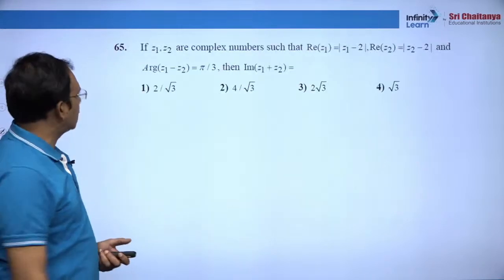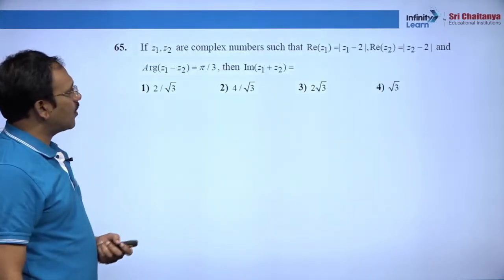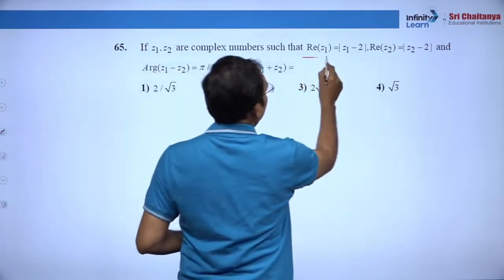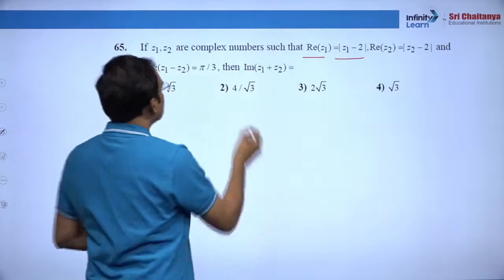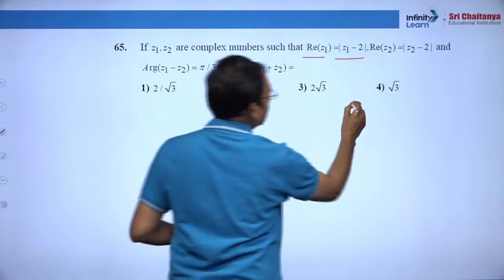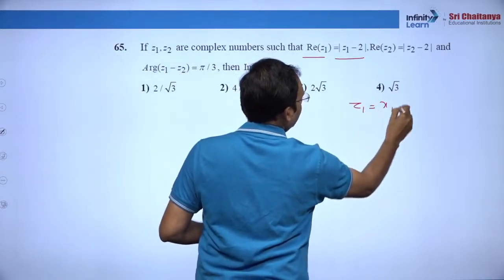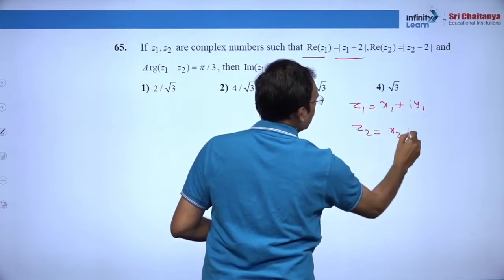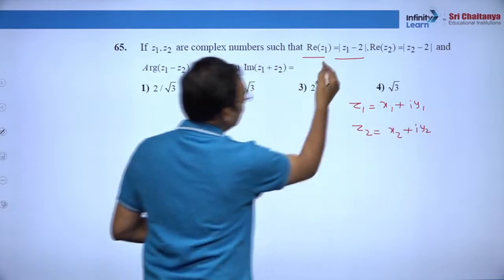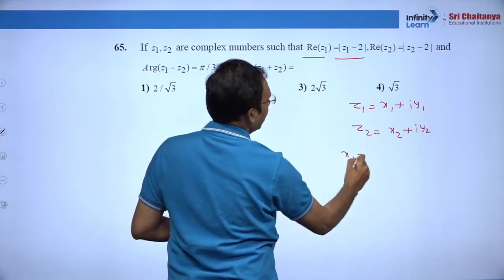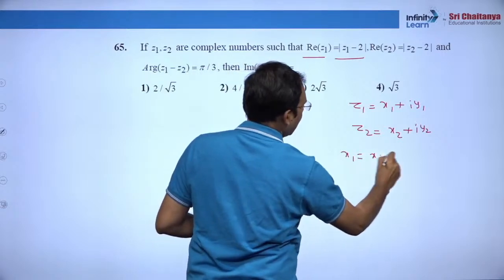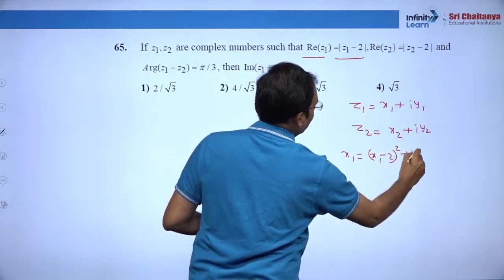Okay. Next, you see Z1, Z2 are complex numbers such that real part of Z1 is mod Z1 minus 2. Suppose, dear students, you take Z1 is equal to x1 plus iy1, and Z2 is equal to x2 plus iy2. Suppose real part of Z1, x1, is equal to mod Z1 minus 2, meaning x1 is equal to under root of x1 minus 2 whole square plus y1 square.